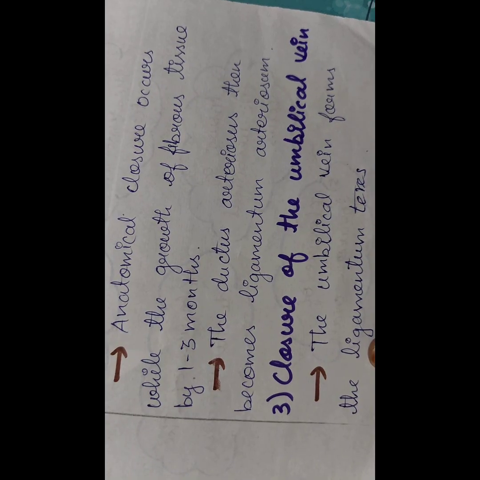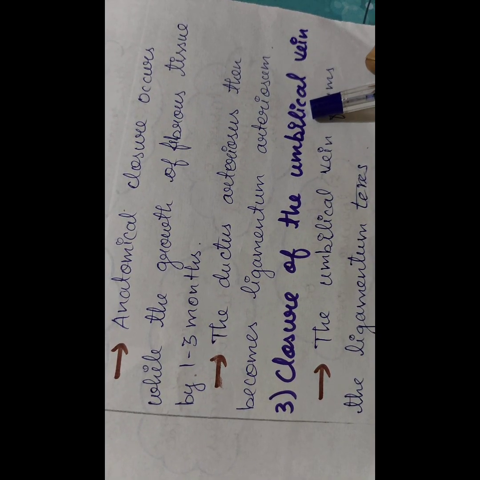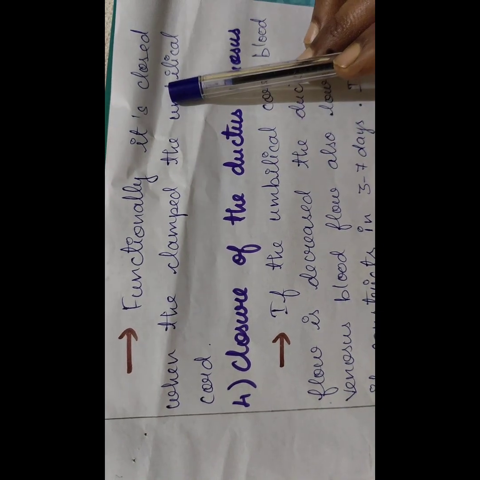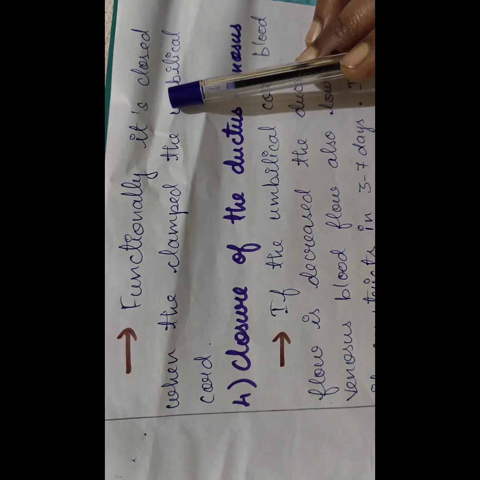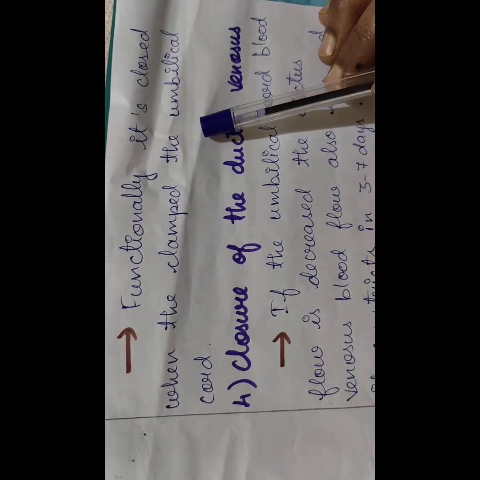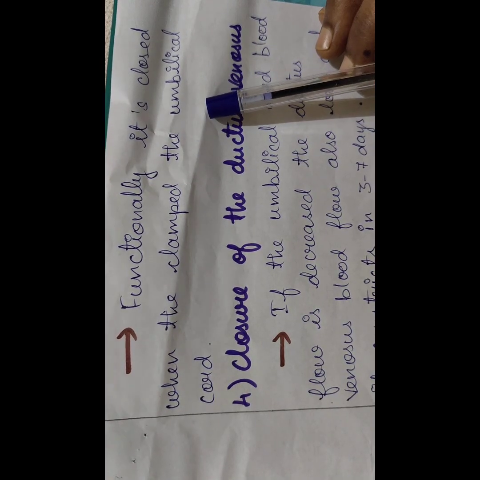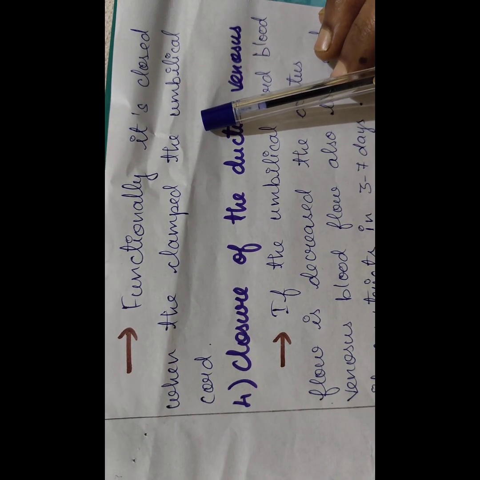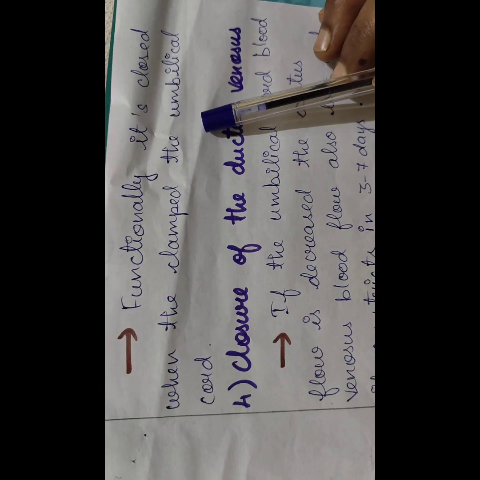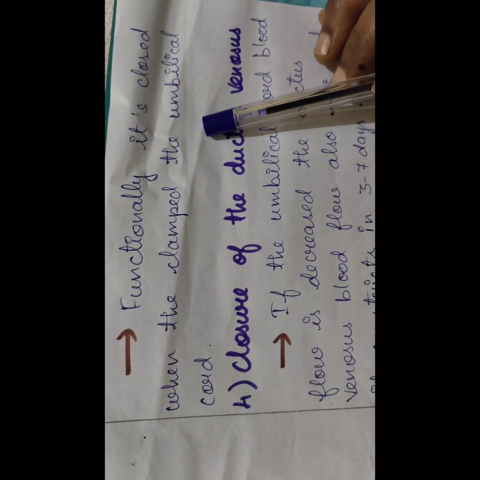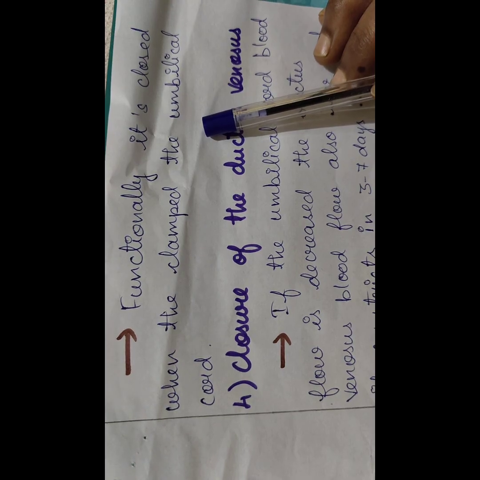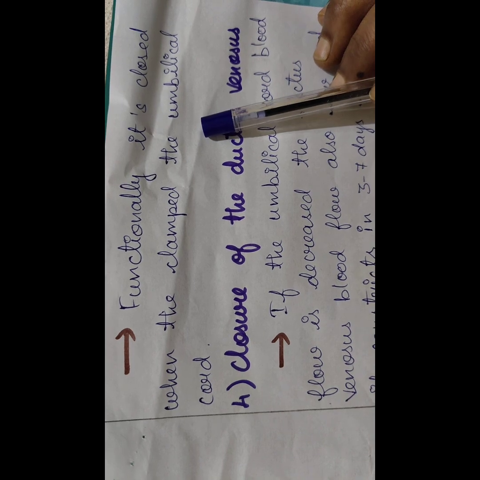The umbilical vein is closed when they clamp the cord, which carries blood from the placenta to the fetus. We clamp the cord when the baby is born, and that functionally stops the blood supply from the placenta to the fetus.